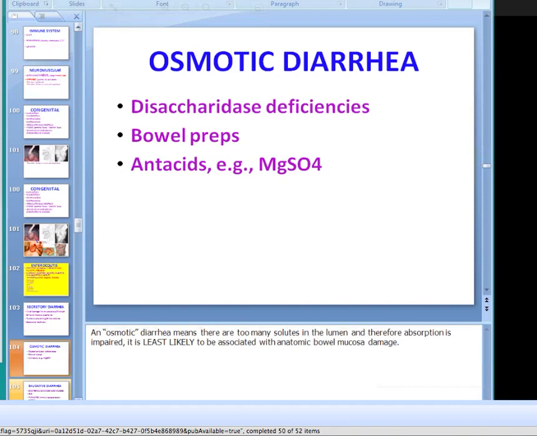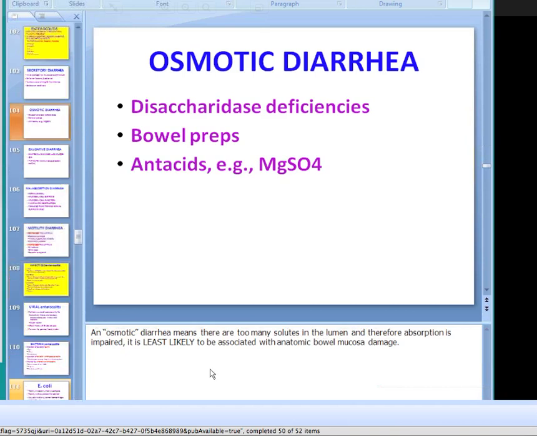Here's an osmotic diarrhea concept. An osmotic diarrhea is usually or almost never associated with much direct histopathology. Secretory, we said there's probably a little bit, but osmotic, there's usually none. So basically, if you have a disaccharidase deficiency, you're not splitting up your lactose, and then that lactose is being fermented by gut bacteria, you're building up a whole bunch of things besides gas.